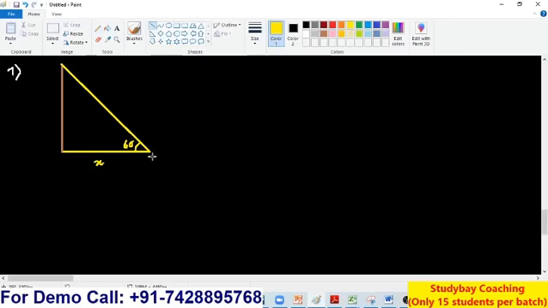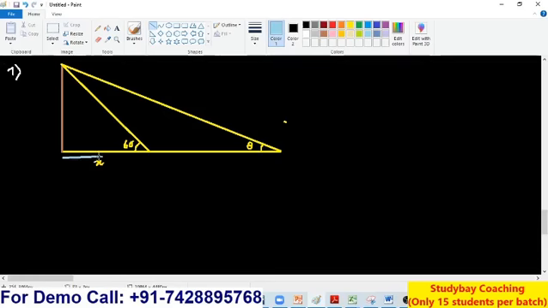Now, at a certain angle, this shadow becomes 3 times. I have no idea about what this angle is. Let's say this angle is theta. Now, initially the length was x.